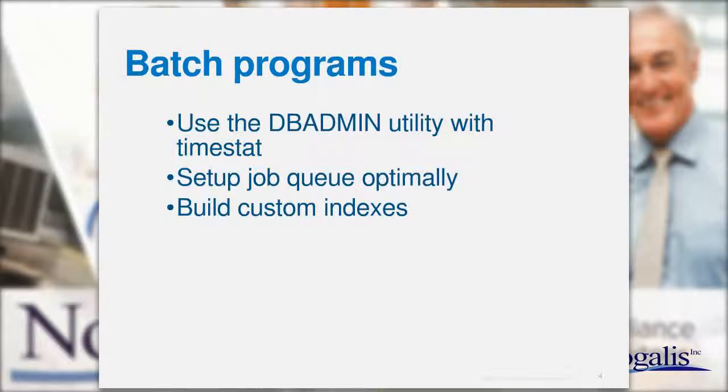Building custom indexes. Okay, this is the one where we're getting at the cutting edge a little bit, but I'm not scared of it, because if I'm building a custom index only to query data with, that doesn't really change things for me very much. But what I can do then is go into some of these batch programs that have taken a very long time and decide, hey, the majority of the time PR140 is spending is looking at this data in a specific way, and I may be able to add an index that speeds that process up a little bit.